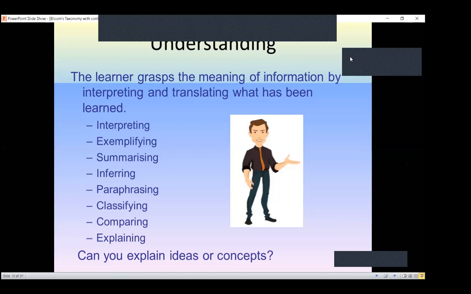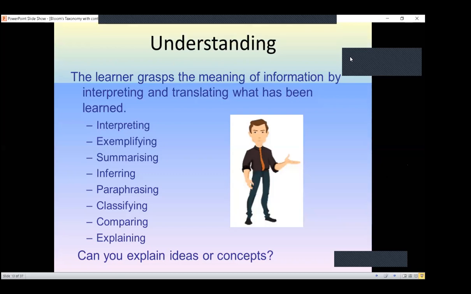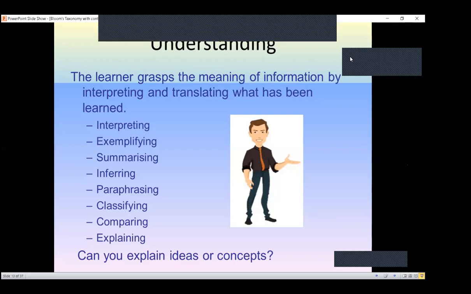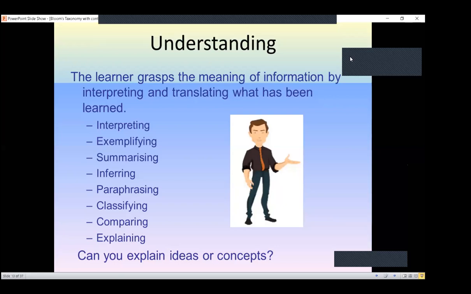In remembering, you can use textual language. Whatever is given in the textbook, whatever is given in the reference books, the same language you can use. But in understanding, students have to write, they have to speak everything in their own words, whatever is understood by them.